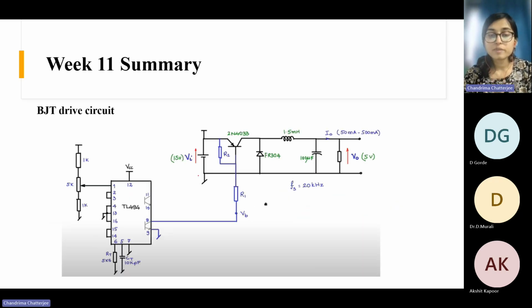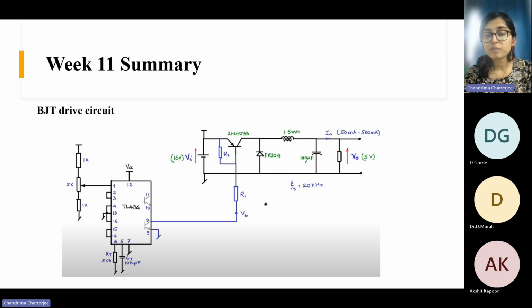I guess you will not need this for numericals, but this is how the circuit is practically implemented. This is the base, here is the R1 resistor, and this is the IC TL494.